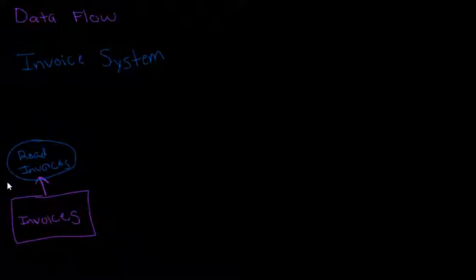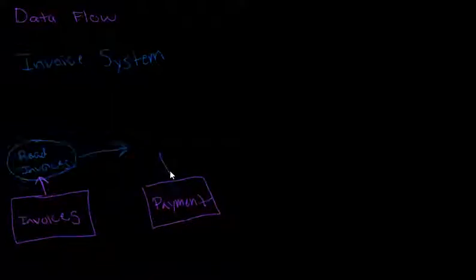So it takes all this invoice data, and then it's going to use that as an input for our payment function. And this payment function is more of a check payment. So it's going to check the invoice to see if it has been paid or not.